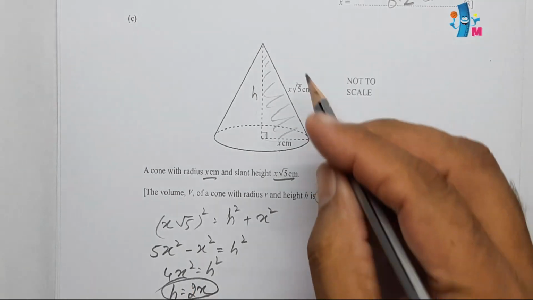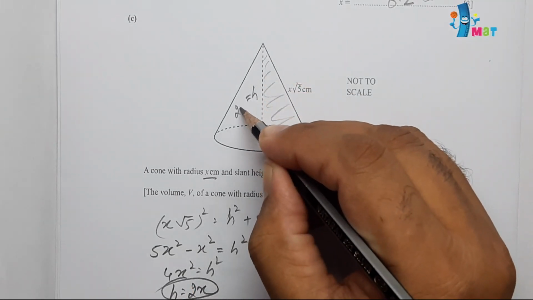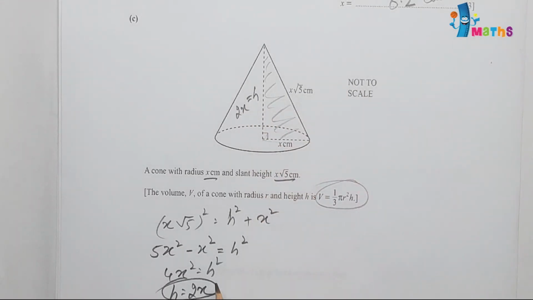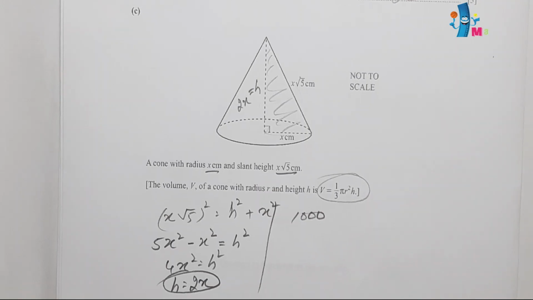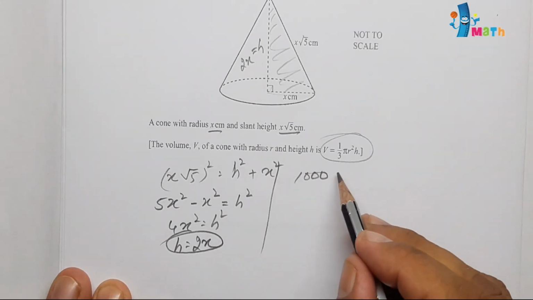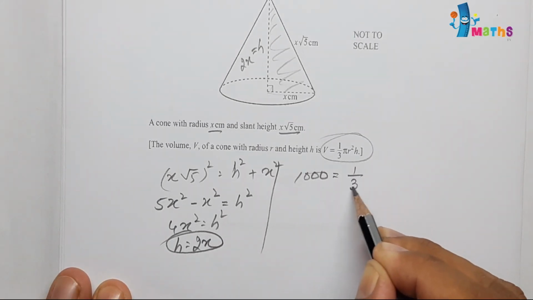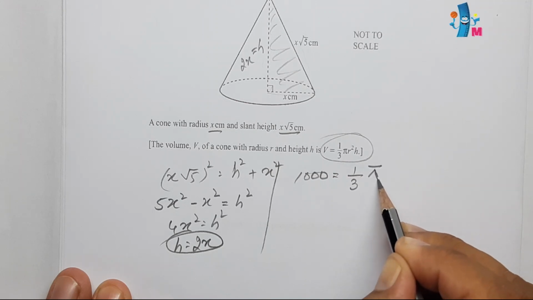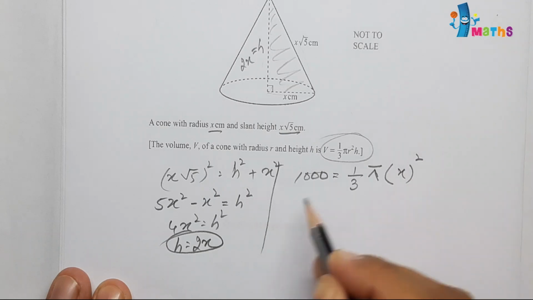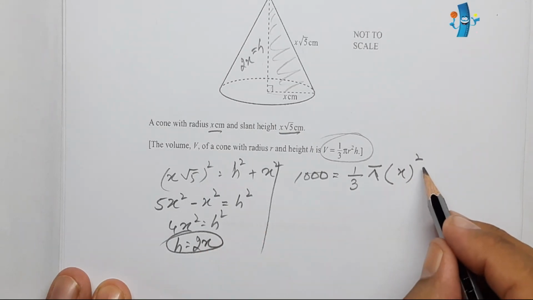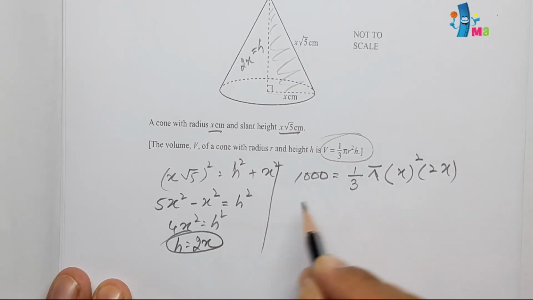So this value, h is equal to 2x, we will be using in the formula. It's given, volume is 1000, so we are utilizing 1000, and it is equal to 1 by 3 into pi, and r is x, so x squared into h, which is 2x, so we will write here 2x.